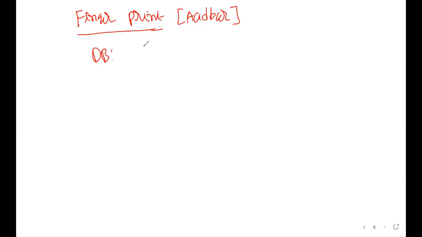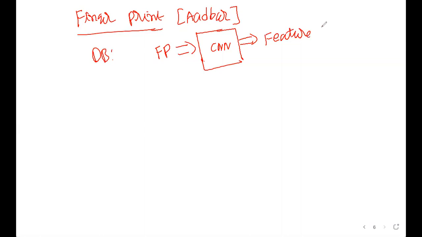I'm giving an approximate picture, I'm not sure if it is accurate, but let's say we feed this fingerprint to some kind of CNN, and it generates a feature vector representation of the fingerprint. It's a feature vector.